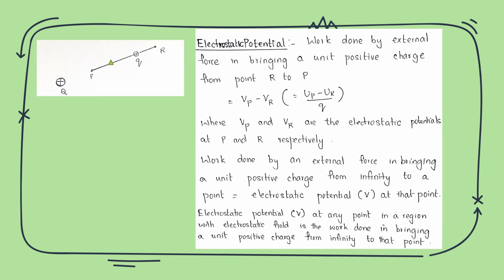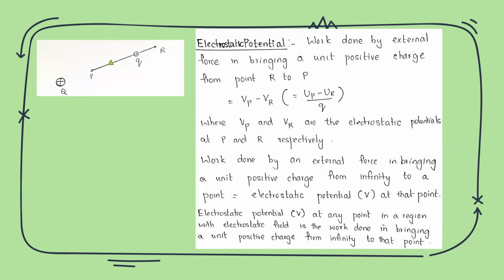For example, before going to infinity, let us take the same points P and R. First, imagine we are bringing a unit positive charge. Unit positive charge means 1 coulomb, plus 1 coulomb charge.